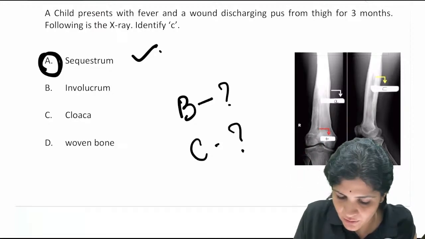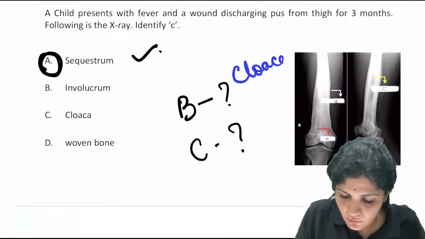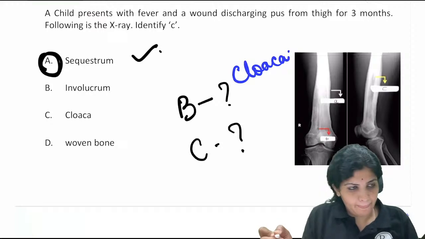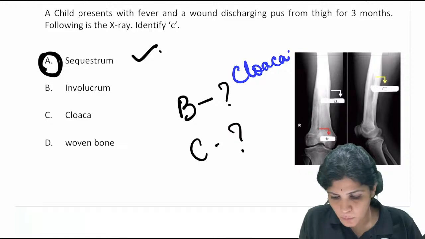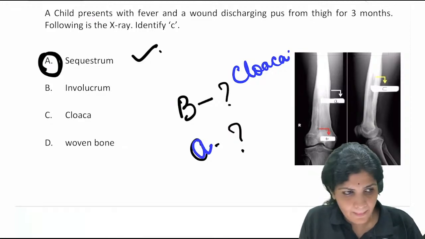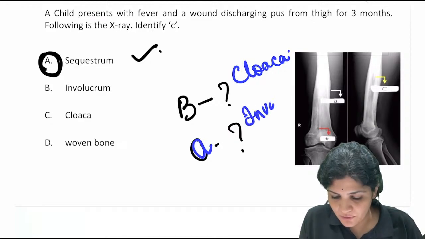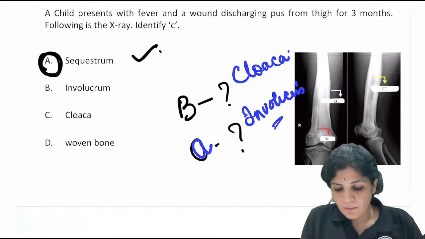Yes, B is involucrum. Very good. What is C? Oh, C we have already answered, the sequestrum. No, what is A? Yes, A is involucrum. Perfect.